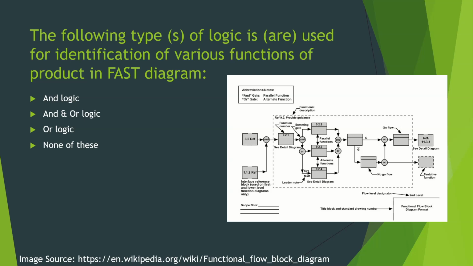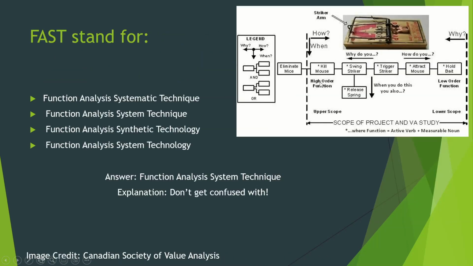Yes, as you can see in the previous example and in this example also, in the block diagrams that we generally create, we will swing the striker only when the trigger is activated. So that is like an AND operation, which requires all conditions to be true at a particular point to go to the second state.